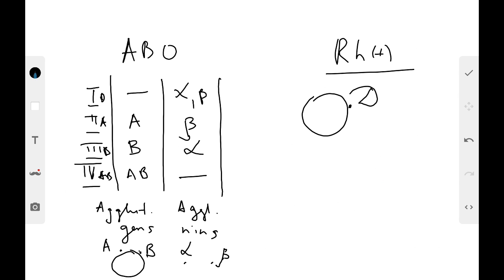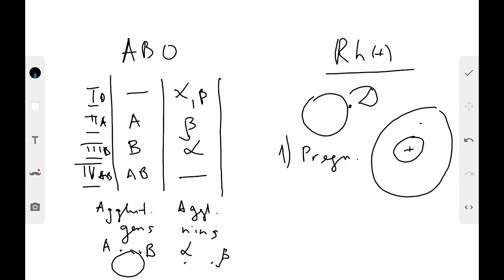There may be two situations. First, during pregnancy, when the fetus is positive and the mother's blood is rhesus negative. So what will happen?